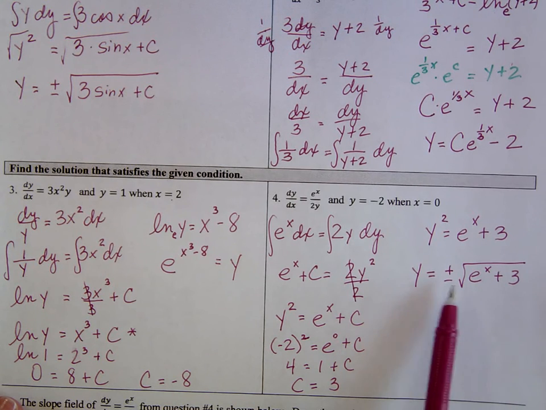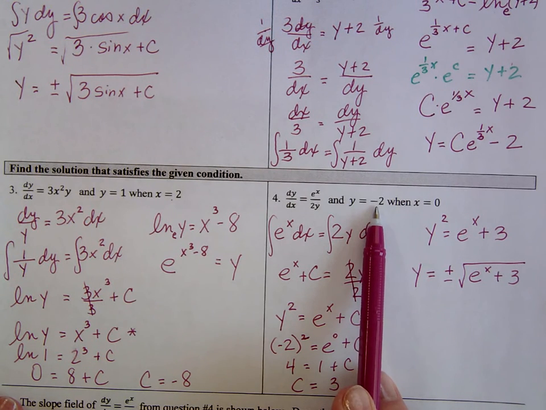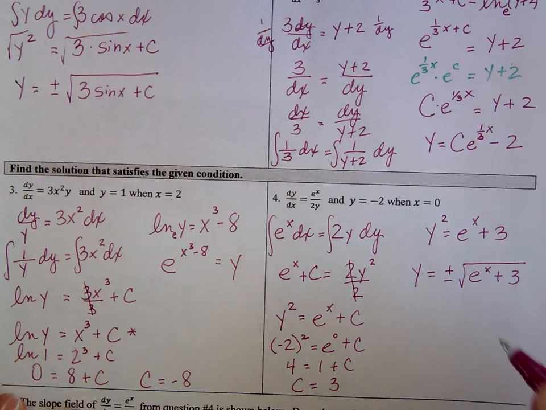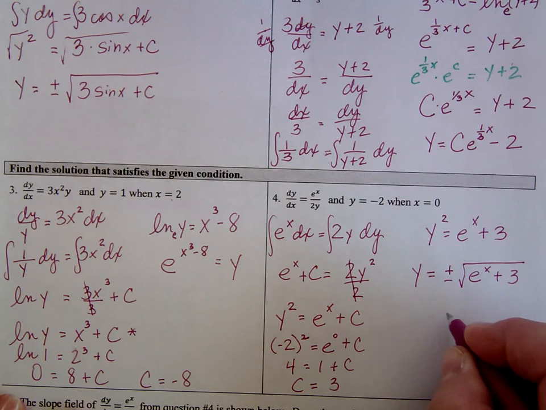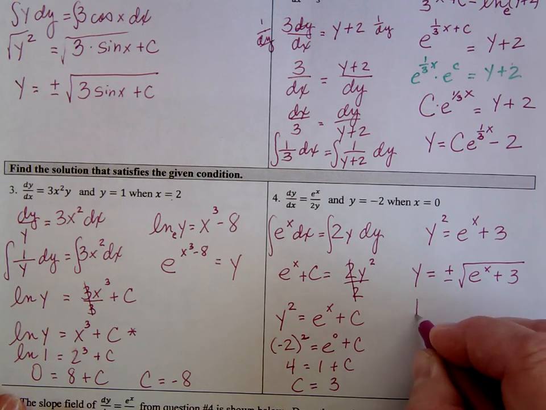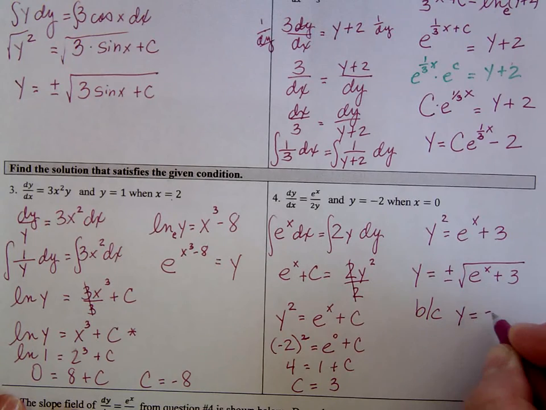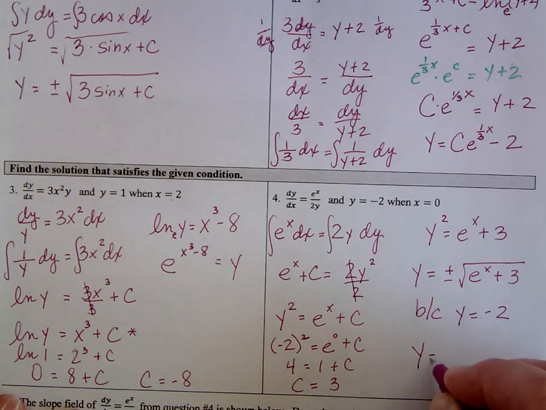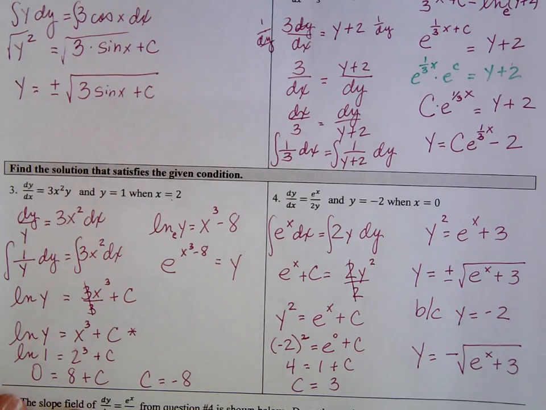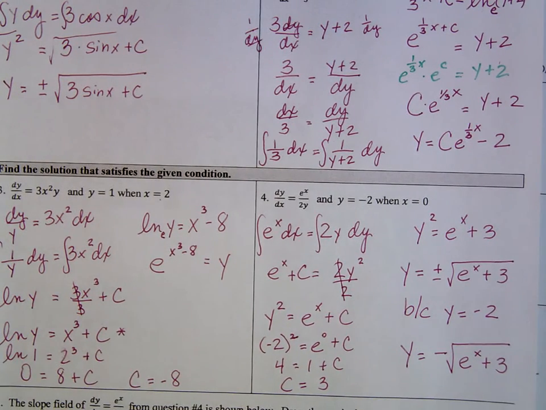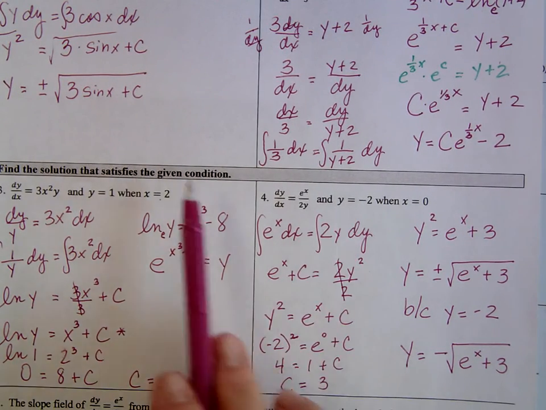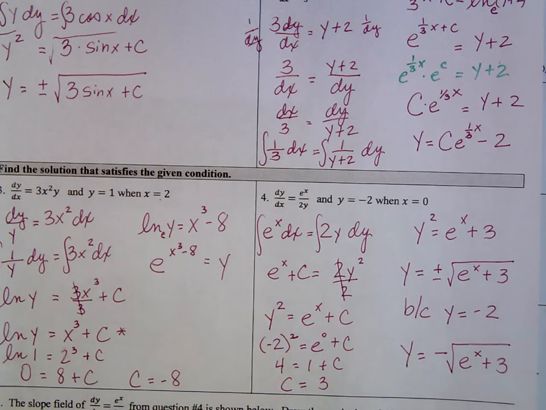So the only way I can come out with a negative 2 in this problem, because they gave me some extra special information, is if it's just the negative one. So because y equals negative 2, it can only be the equation y equals the negative square root of e to the x plus 3. Okay? If they hadn't given you that initial condition, then you leave it as a plus or minus. So there's a difference between those two things.